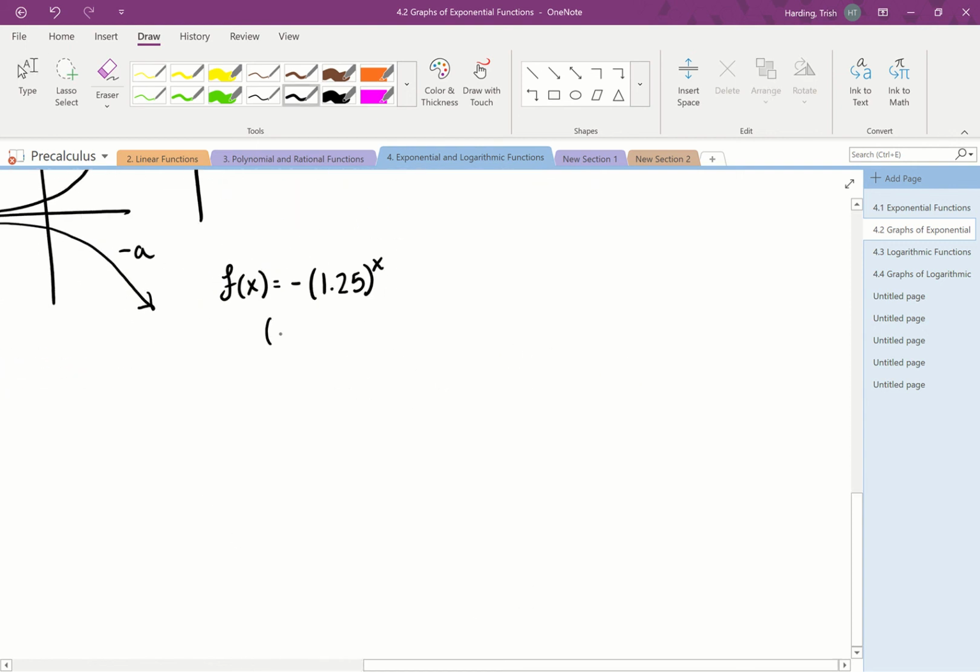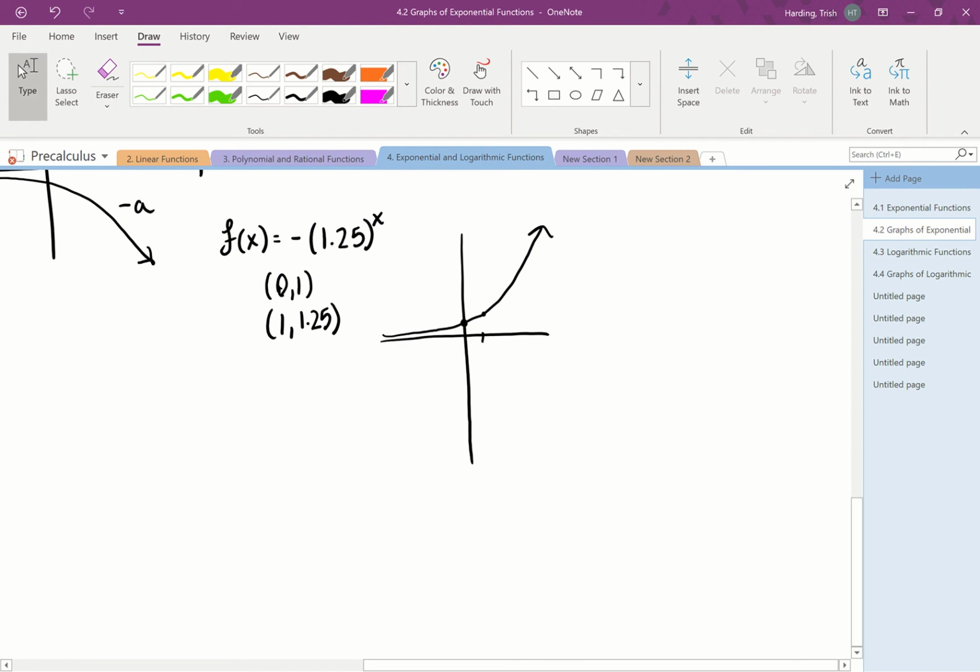So remember, our points for our original one are 0, 1, and 1, b is 1.25. So 0, 1, and 1, oh, that's really little, so it's going to be like right there. Really close.